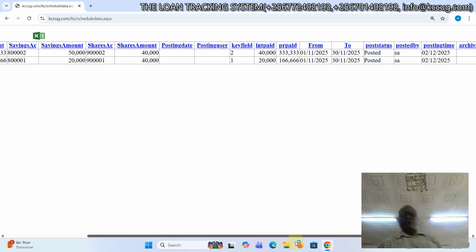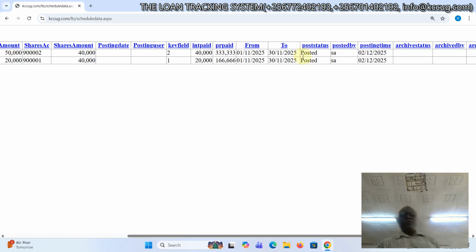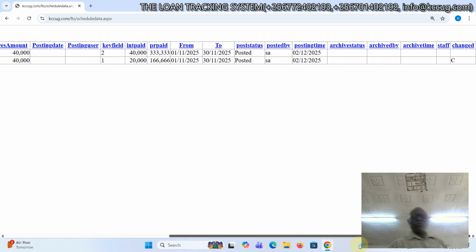But if you scroll to this side, you will find that the loan schedule has been posted. That is the post status. And it has been posted by SACCOS. But when you check archiving, by archiving, we mean you store it somewhere within the LTS system, such that you can have a look at historical schedules.